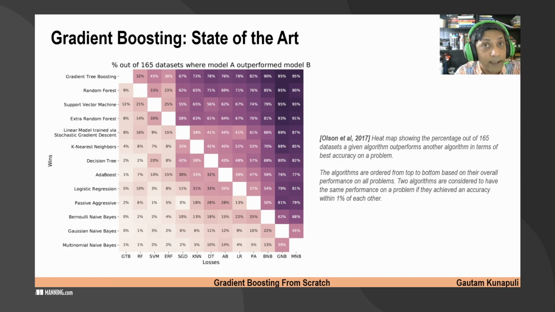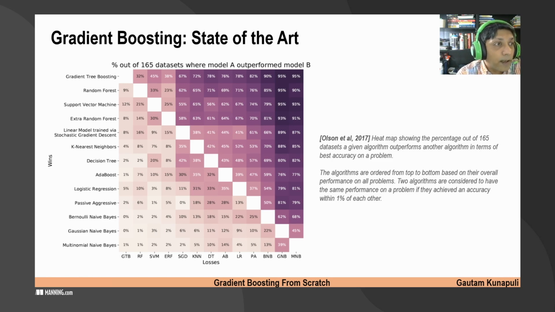These are all examples of ensemble methods. But also some classical machine learning algorithms such as stochastic gradient descent, k-nearest neighbors, decision trees, logistic regression, and so on and so forth. And the leftmost column is basically the percentage of data sets that these algorithms were able to beat gradient boosting on.